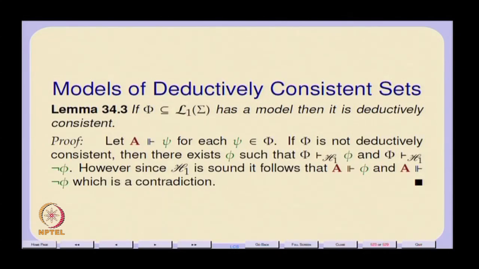But the Hilbert system is sound, that is something we have seen, which means that whatever you prove is also valid. So, this model should satisfy both phi and its negation, and that is not possible, and therefore, our notion of deductive consistency is fine.